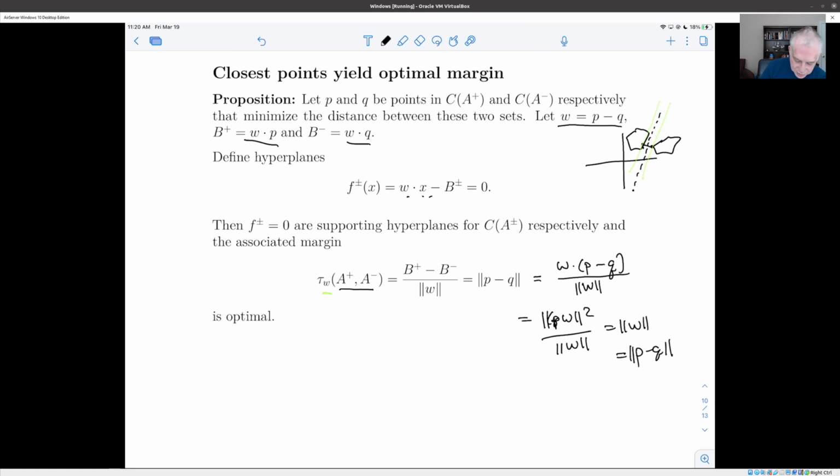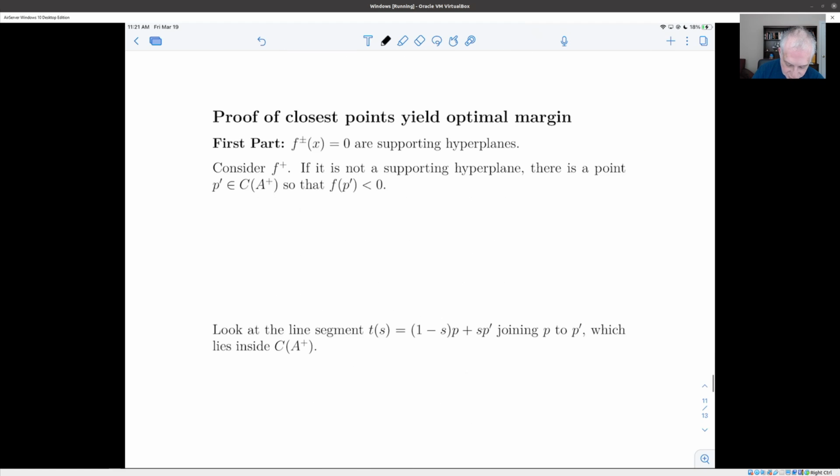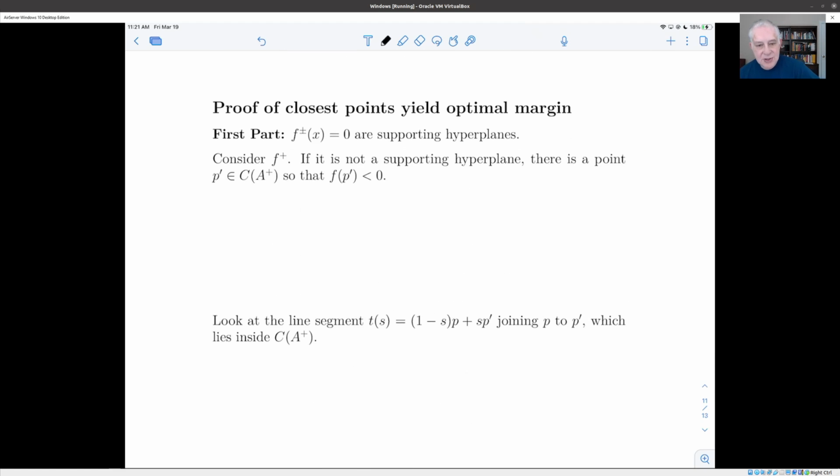So the crucial part of this result is that these hyperplanes are in fact supporting hyperplanes. Let's prove that, and let's work with F plus. We have our convex hull, and we have our point P, and we have our hyperplane, F plus equals W dot X minus B plus equals 0.